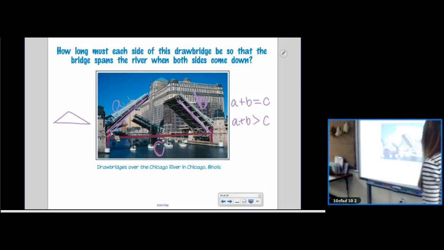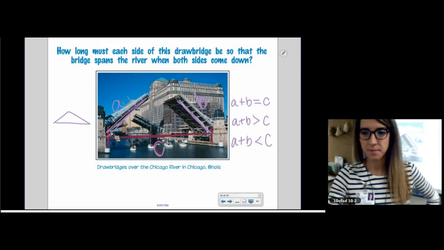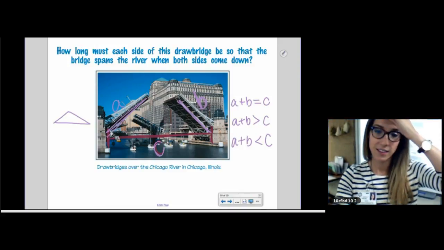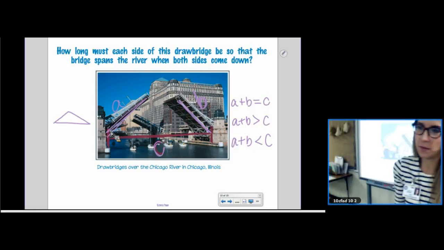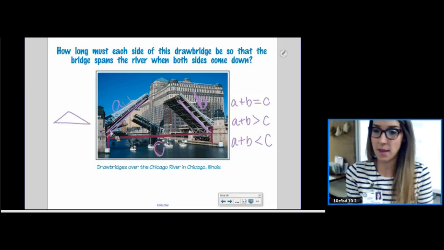Now, what would happen if A plus B was less than C? There would be a gap, right? Now, if it was a tiny gap, it might not matter. A few inches might not make a big difference.